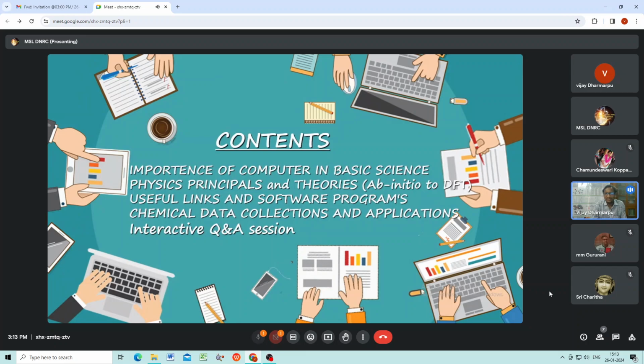Then chemical data collections and applications. Using these softwares and some online tools, we take some chemical data collections and use them for applications like biological applications and energy applications and all.